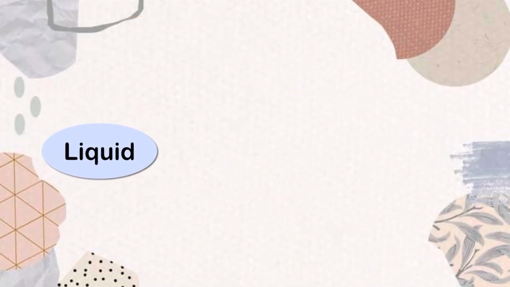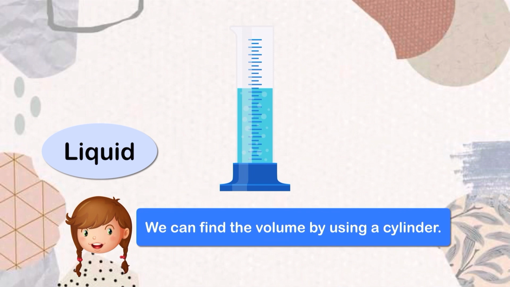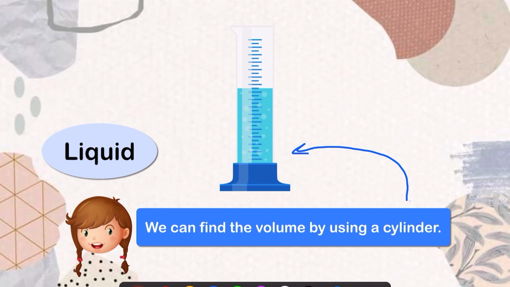Now, what about liquid? How can we find the volume of liquid? We can find the volume by using a cylinder. Can you see this one? We call it a cylinder. Liquid such as water, hot chocolate, apple juice. You put water in it if you want to measure the volume, and then you read the number.